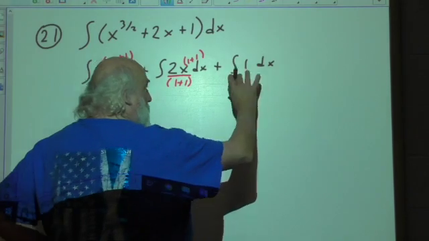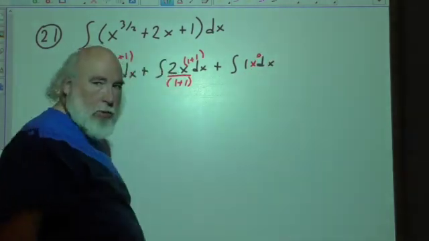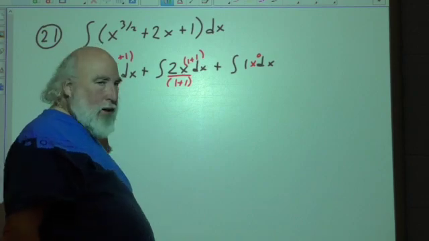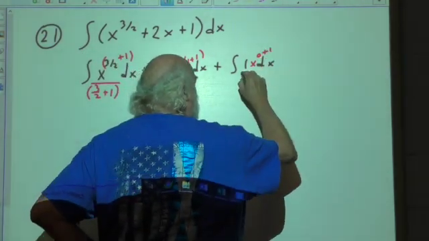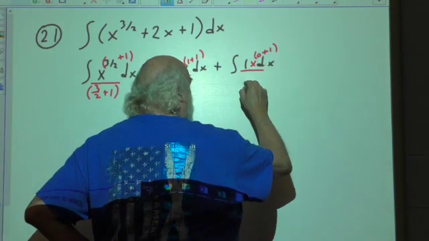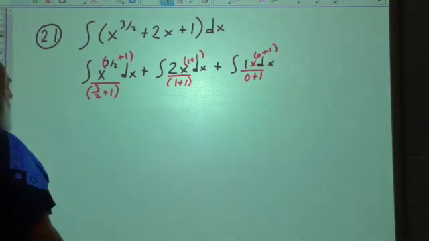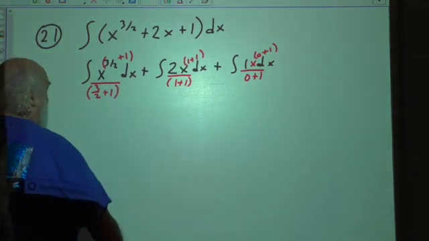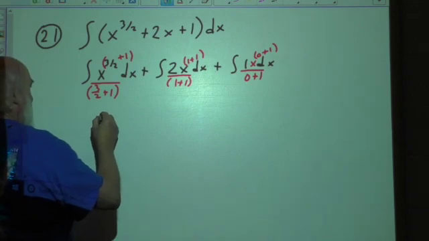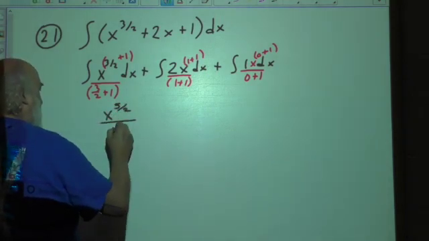And remember, if there's no x there, that is actually x to the 0 power. Okay? Important to remember that. And that means we're going to add 1 there. We're going to divide by that 0 plus 1 right here. And so when this is done, now this is 5 halves, so that becomes x to the 5 halves divided by 5 halves.